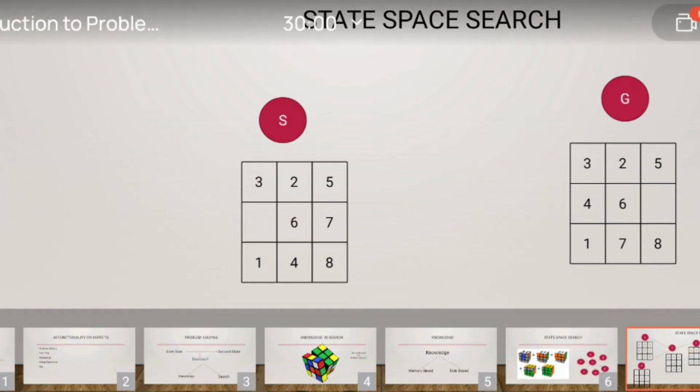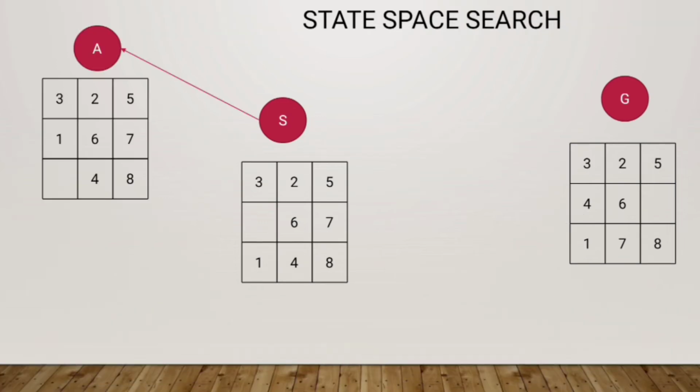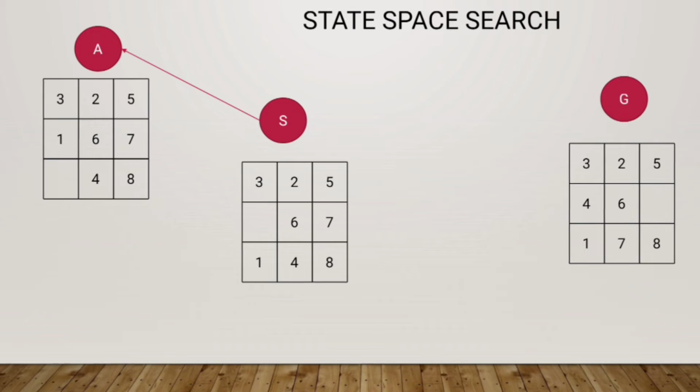For example, from S I can move to A. You can see that the 1 is brought up. So from the starting state I can move to the A state, where the 1 has been taken above, and the square below the 1 is left out.